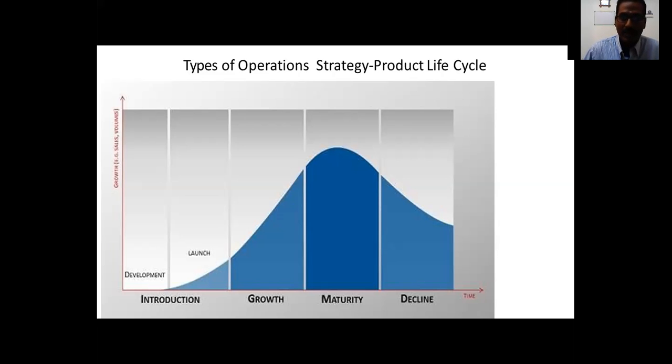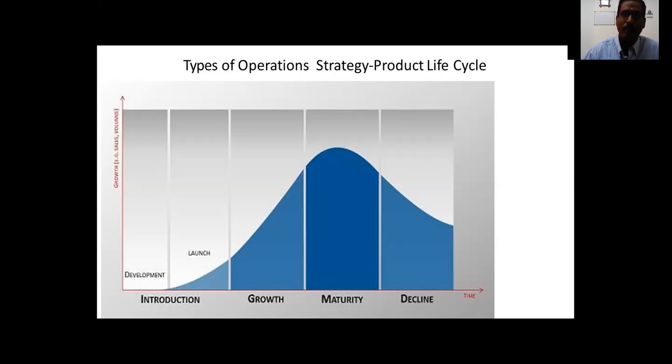Introduction is very important, and during the time of introduction or launching, we need to spend a lot of budget on advertisement for sales and promotion activities. After that, the product goes through the stage of growth, where the market share will increase. Once it becomes mature, the money invested on advertisement will be reduced. Then it will be in the declining stage, where the sale of the product or services gradually goes down.